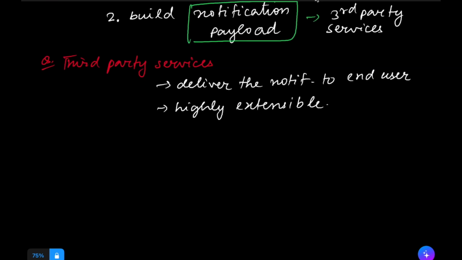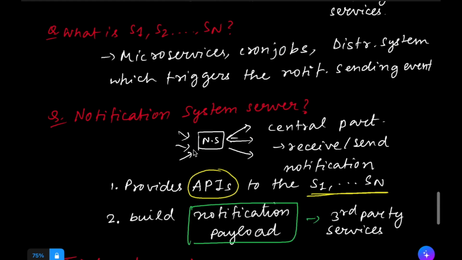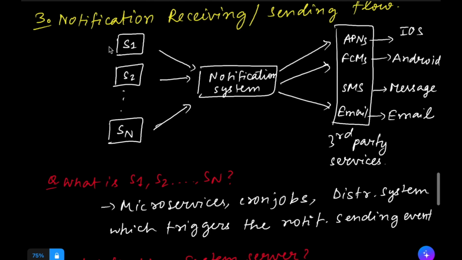And the final endpoint is iOS or Android or SMS or email. These are the end users, so they receive the notification. Okay, so this is a high level overview of how receiving and sending of notification happens.